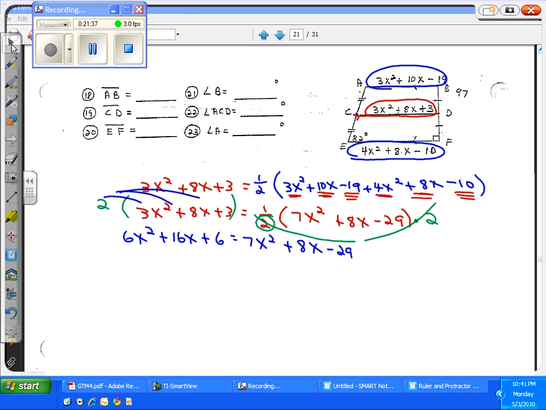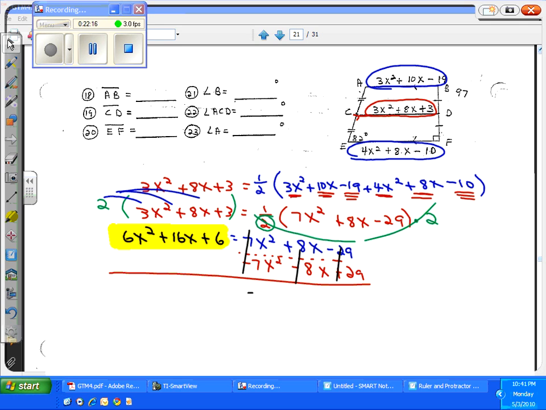Now what we have is a quadratic. Before we can solve a quadratic, we need to get it in standard form, which is ax squared plus bx plus c equals 0. This quadratic is not equal to 0, it's equal to all of that stuff. So we need to zero that side out, and we do that using additive inverses, which cancels, and we get a 0.